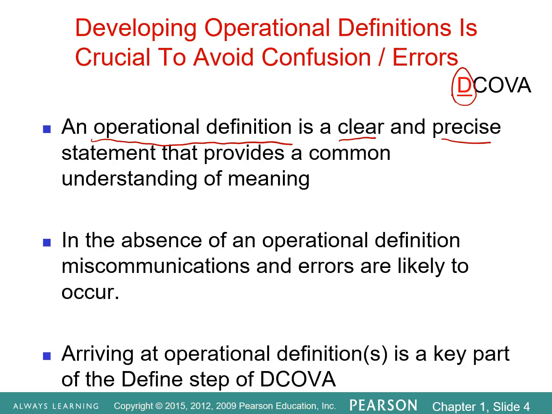You need to really make sure that how you're defining your data, how you measured, how you counted, all of these things are clearly and precisely described. Now, in the absence of an operational definition, we come up with a lot of miscommunications. And the reason why there's miscommunications is that the whole point of taking statistics and doing analysis of it and maybe coming to some conclusions is to sort of prove a point, right?